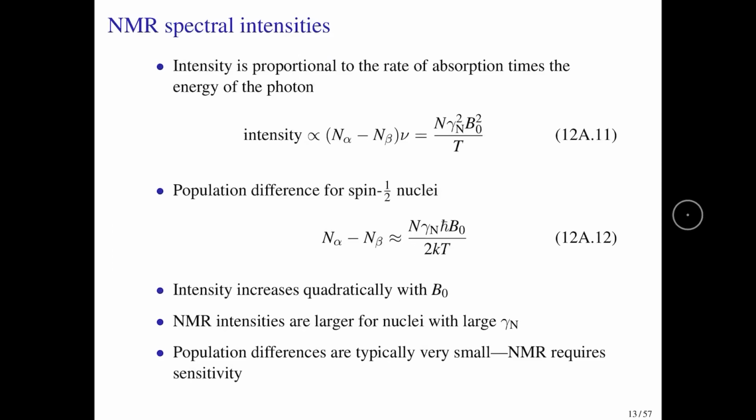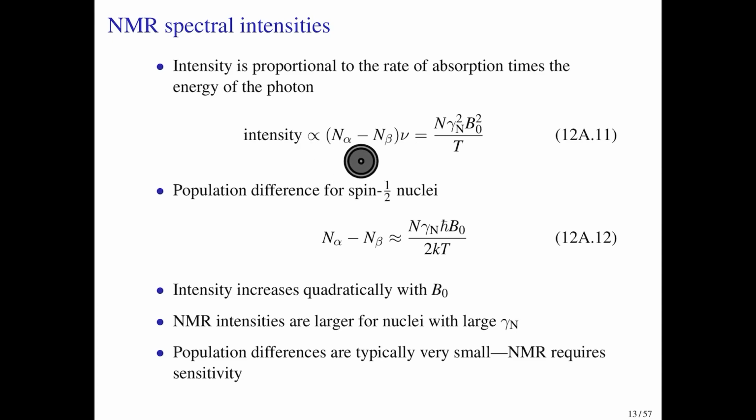In this slide, we're discussing some general features about NMR spectral intensities. The intensity of a resonance is proportional to the rate at which the radio waves are absorbed times the energy or frequency of the photon.